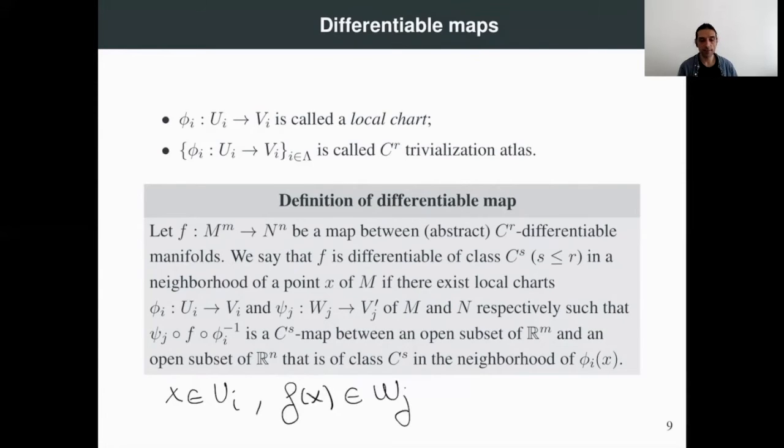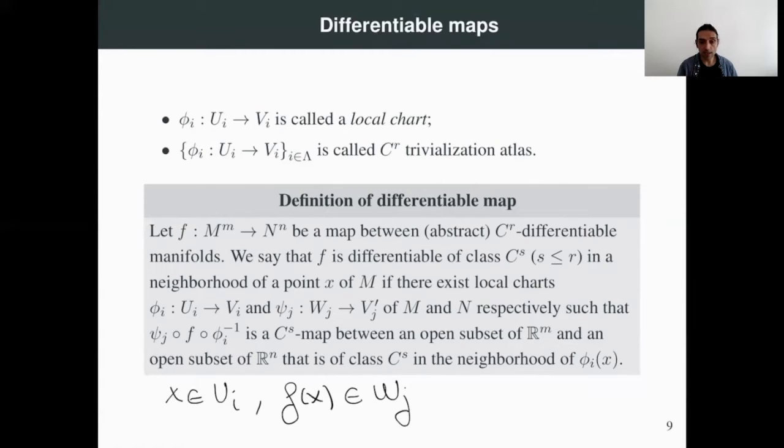So in that way, we have a map that is defined between an open neighborhood of phi_i applied to x and R to the power n. And we can actually discuss whether or not that map is of some differentiable class, because it's a map between open subsets of Euclidean spaces.